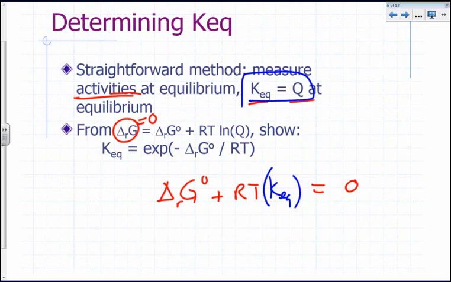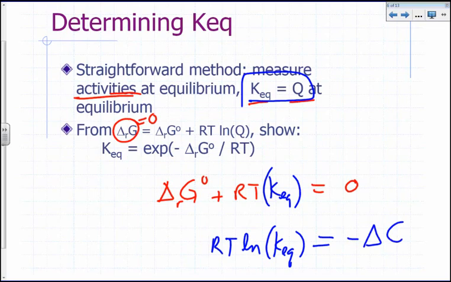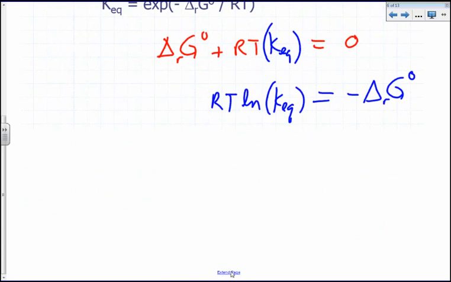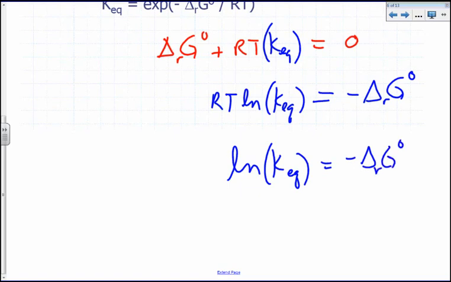So we can solve for KEQ here. Rearrange this. RT natural log of KEQ would be equal to negative delta G naught. Divide both sides by RT. Natural log of KEQ equals negative delta G naught over RT.